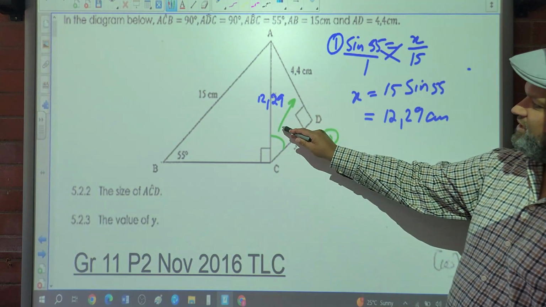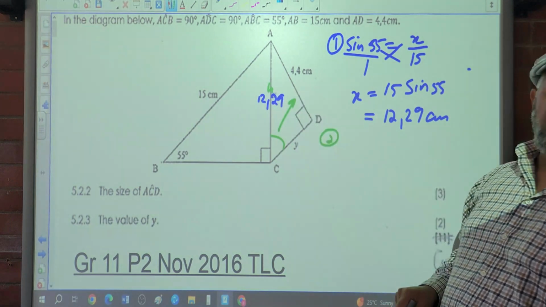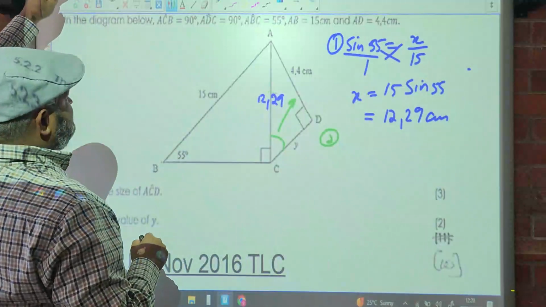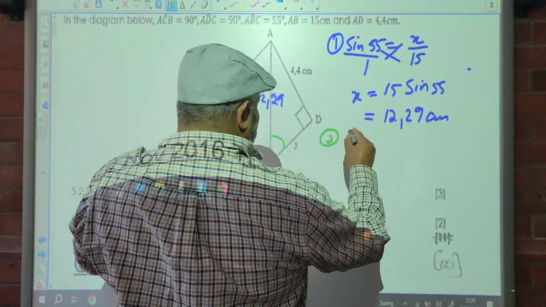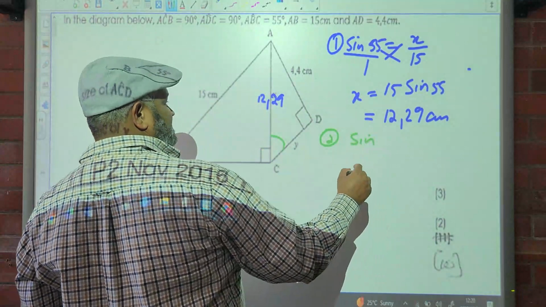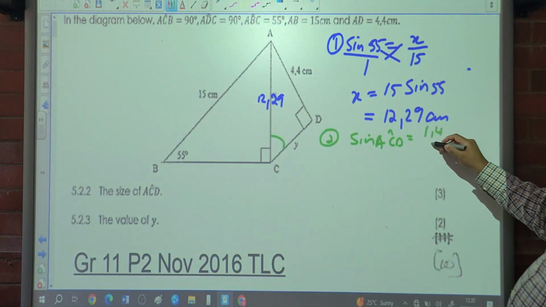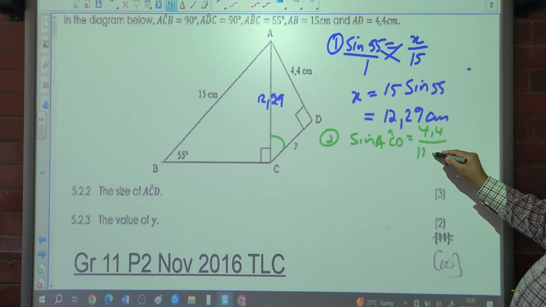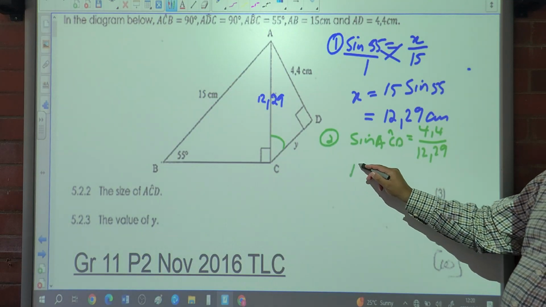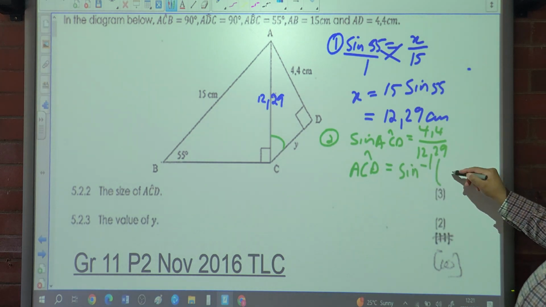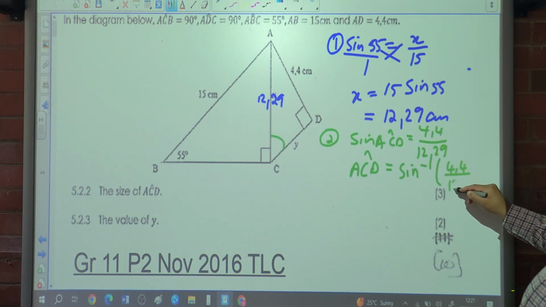We have an opposite and the hypotenuse of that triangle. Not so. So which trigonometric function uses opposite and hypotenuse? Sine. So you say sine ACD equals opposite, which is 4.4 over 12.29. So how do I get that angle on its own? ACD is equal to arc sine of 4.4 over 12.29.